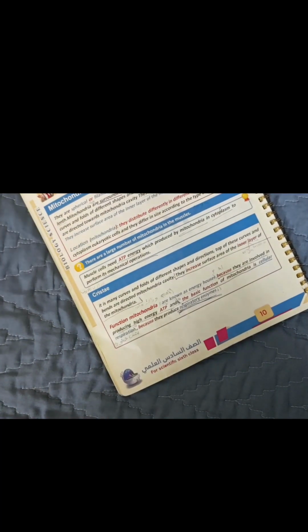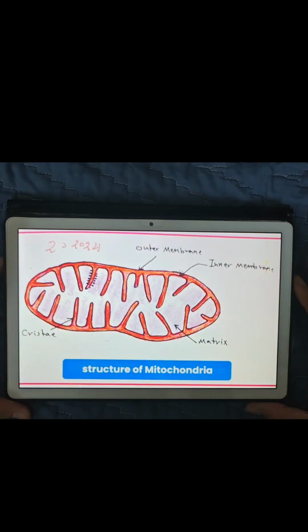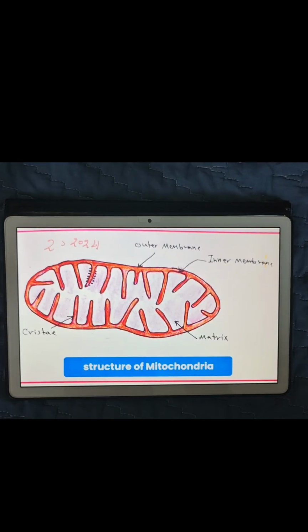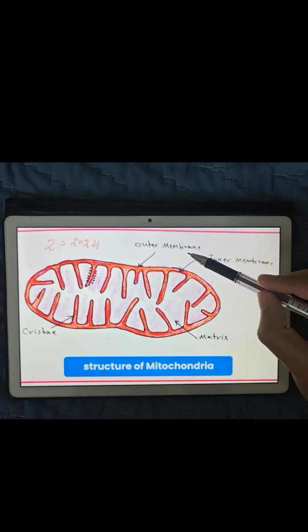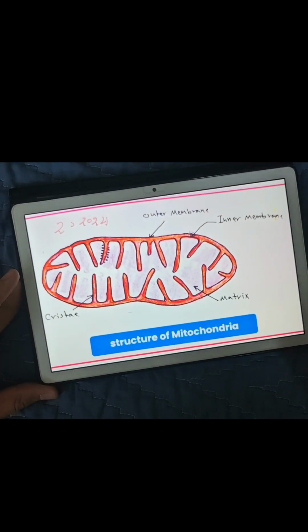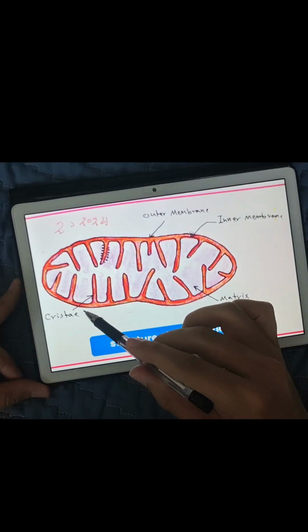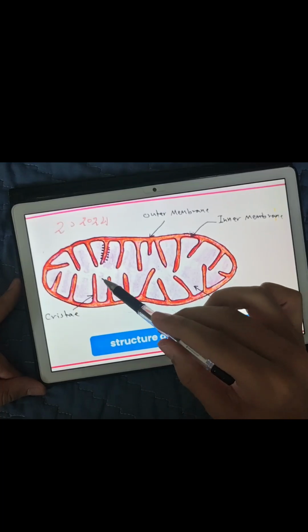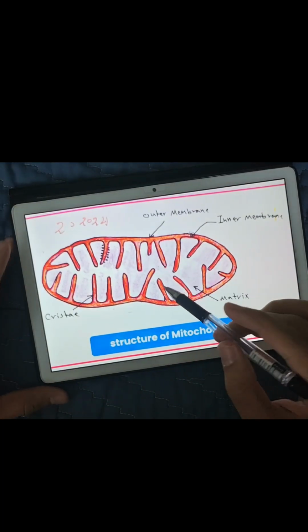Now let me show you a picture. Alright, so let's explain the mitochondria using the picture. So as we said before, the mitochondria contains a double layer membrane. What this basically means is the outer membrane and the inner membrane. Now, as we said before, the cristae curves and folds and bends towards the mitochondrial cavity.